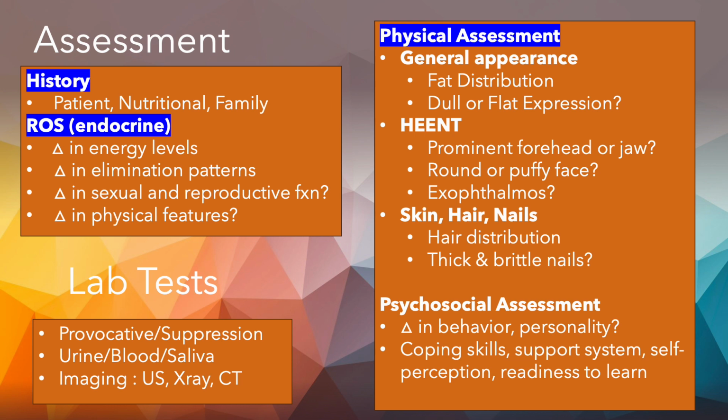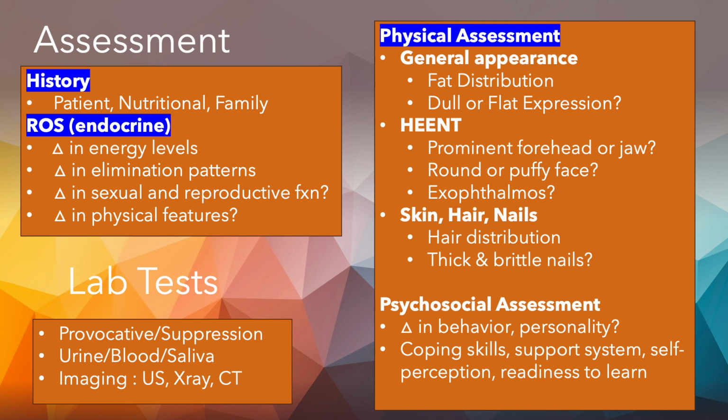Is it something from the adrenal gland? Is it something from the thyroid? Is it something from the gonads? We want to have a general idea of what questions to ask, so we can start narrowing down which gland this problem is coming from. So that's why we ask if energy levels are being changed, and about any changes in the elimination patterns.